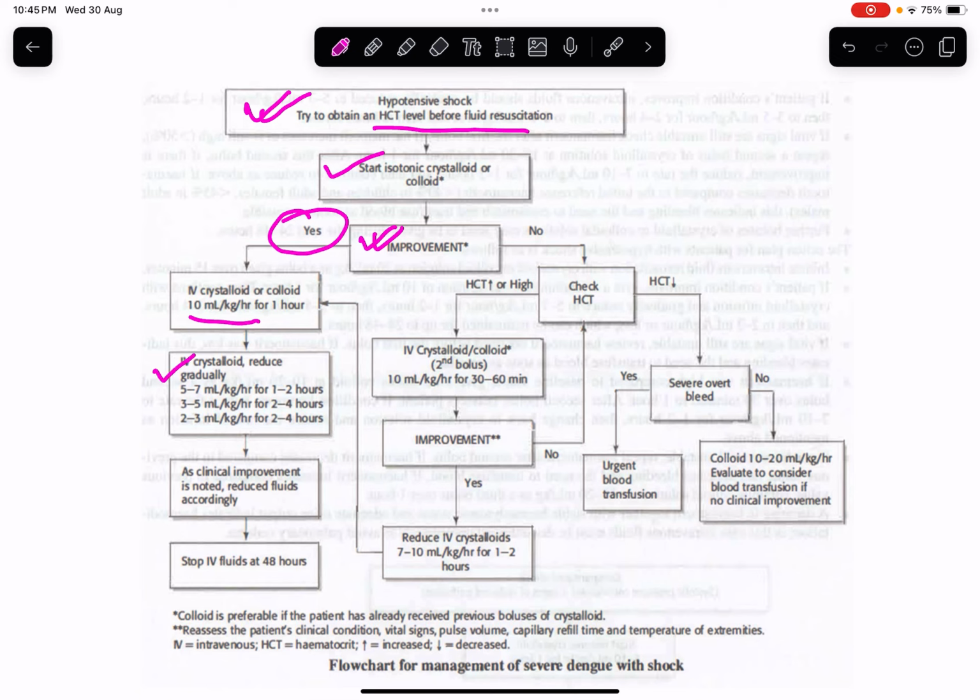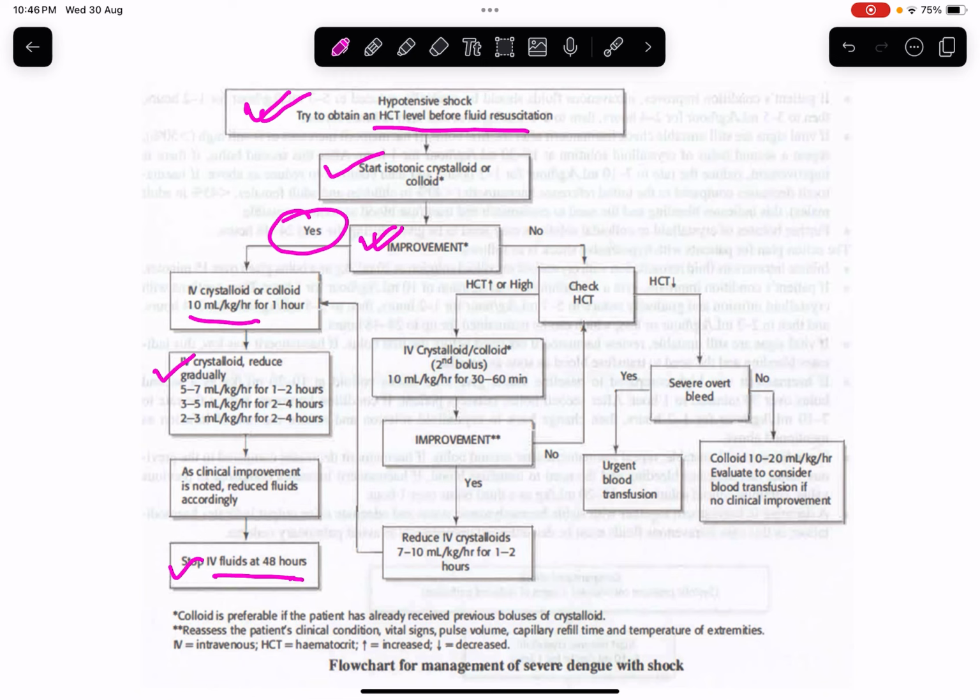Once the clinical improvement is noted, stop IV fluids at 48 hours. That means you start giving IV fluid, crystalloid or colloid, then you keep on reducing the dose, and if the patient remains clinically improved, then you can stop giving IV fluid at 48 hours.